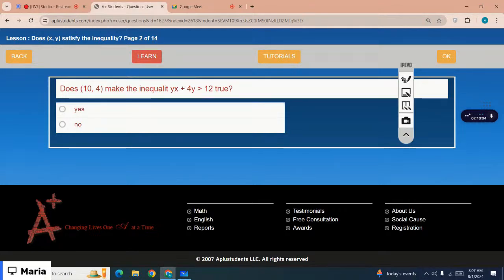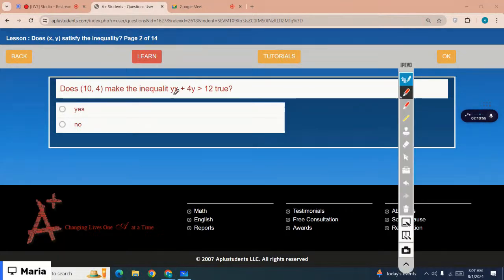Does (10, 4) make the inequality yx plus 4y greater than 12? Okay, let's see. You have yx, right? x is 10, y is 4. So you have 10 times 4 plus 4 times y, 4, greater than 12, right? 10 times 4 is 40, 4 times 4 is 16.